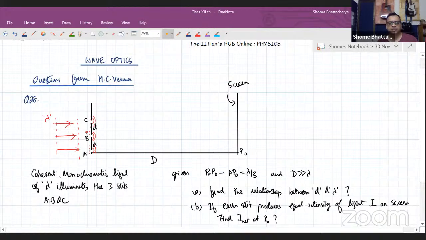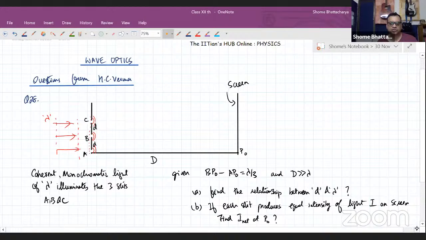Okay, so that means the secondary sources A, B, and C, or the slits acting like secondary sources, themselves are coherent. There's no phase difference. So the net phase difference of light reaching any point on the screen is nothing but the path difference converted into phase difference. Okay, so the phase difference created is only because of the path difference.